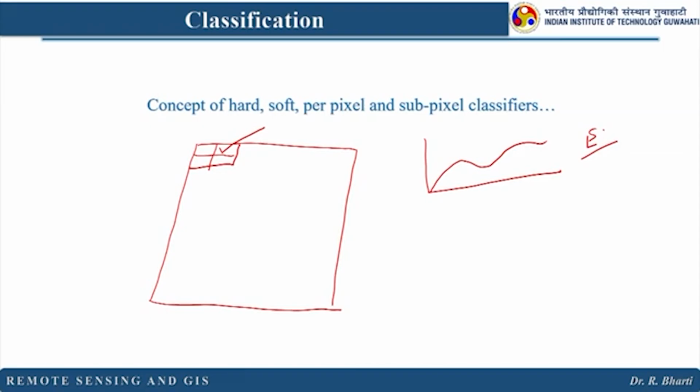And based on that, we will say this particular pixel has 10% of A, 20% of B, 30% of C, likewise. So here, for each pixel we have this information which we never had with multispectral data. That is the advantage when we go for hyperspectral remote sensing data, right?